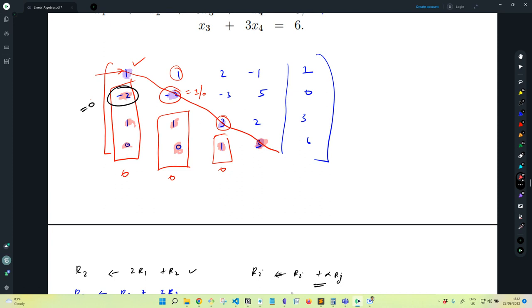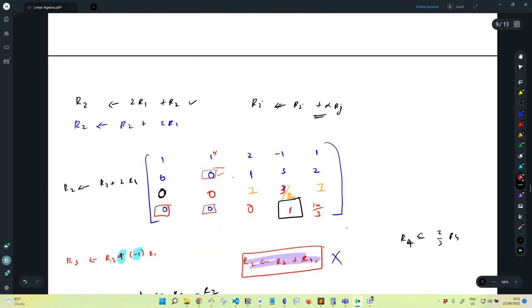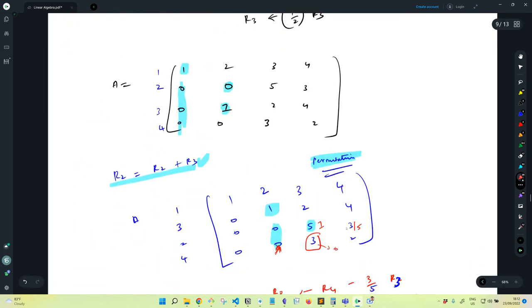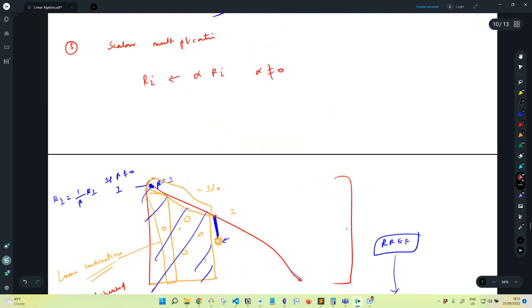That is one hard constraint you will always follow. You will apply the sequence of operations, then at last you will obtain a matrix in upper triangular format, where the leading diagonal entries are either 1 or 0, and all the entries below the leading diagonal are 0. I hope you are able to recall this exercise.